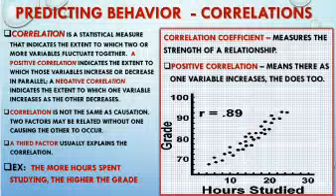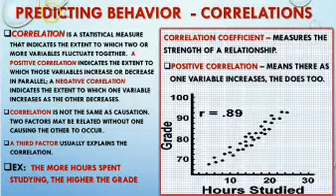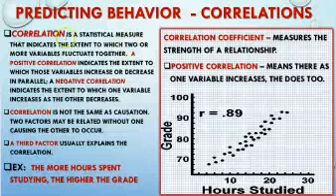Now, we said that we can predict behavior, and we can predict behavior by using correlations. Correlation is a statistical measure that indicates the extent to which two or more variables fluctuate together. A positive correlation indicates the extent to which those variables increase or decrease in parallel.